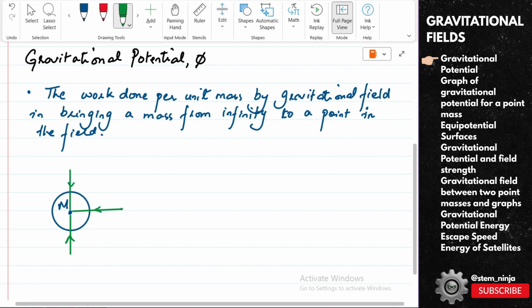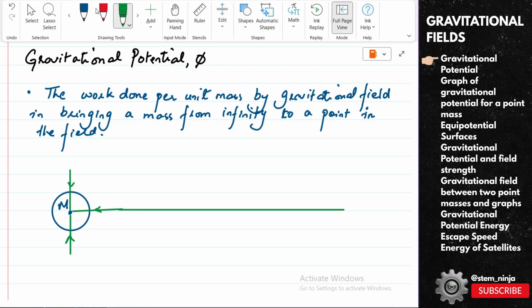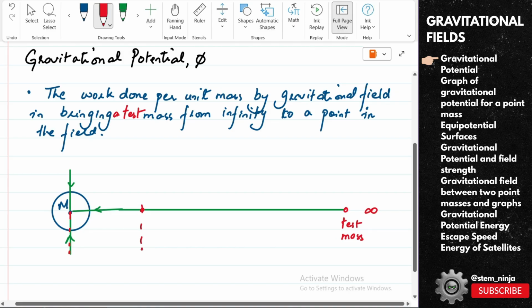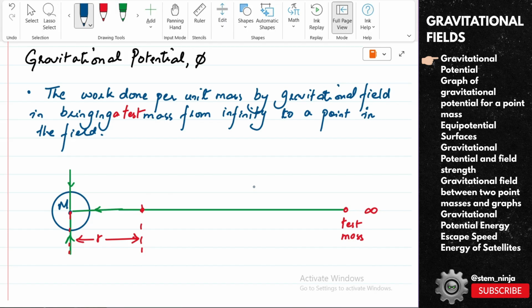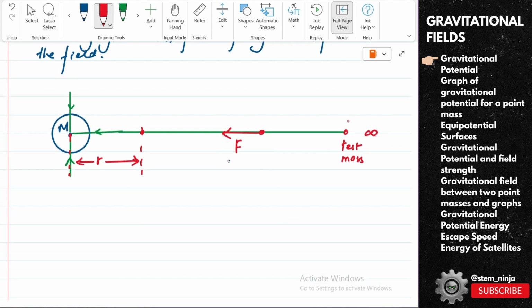So when we bring a small test mass from infinity to some distance r from the source mass, we know the gravitational force is towards the source, so the work done by the gravitational field is positive towards that source mass. To bring it from infinity to a certain point, that is the gravitational potential.